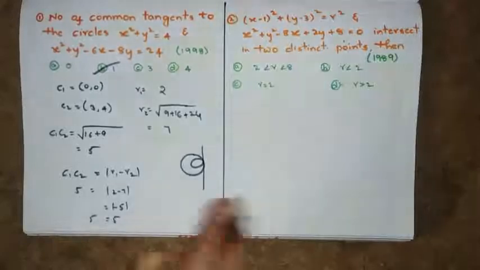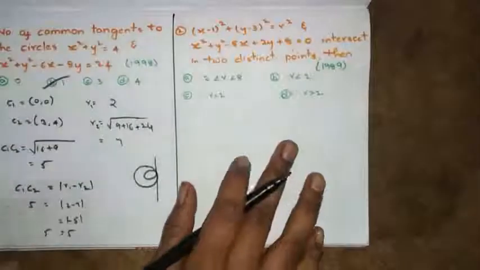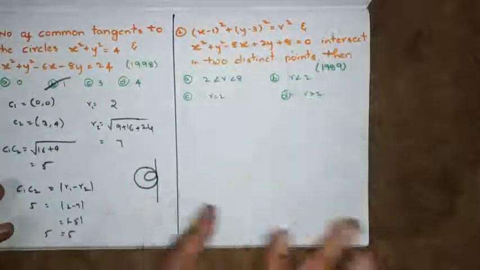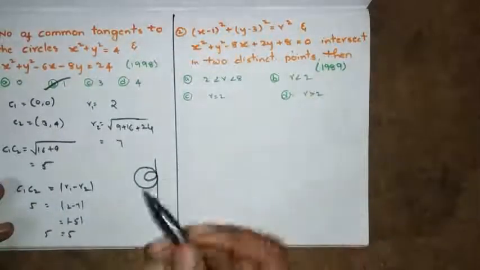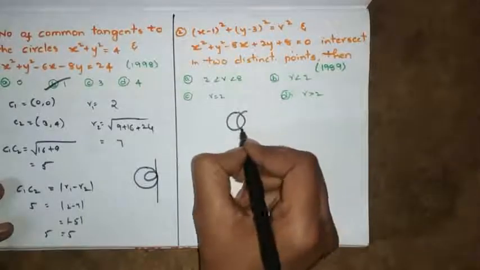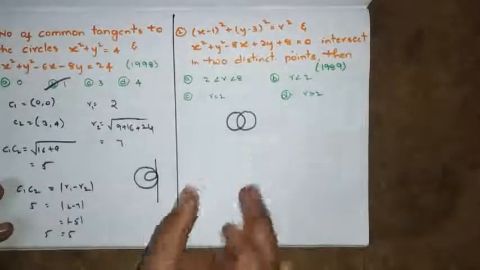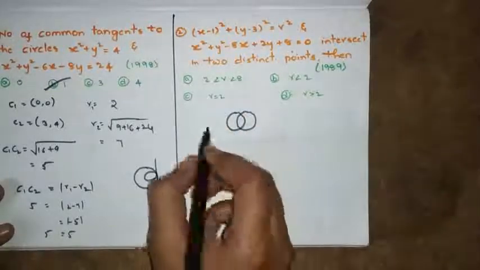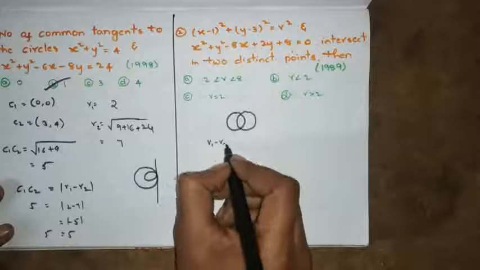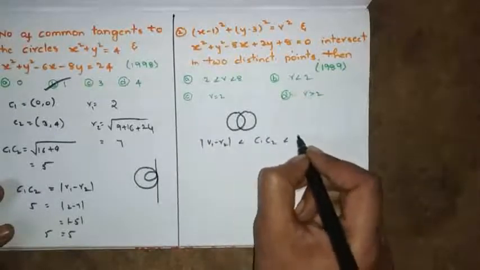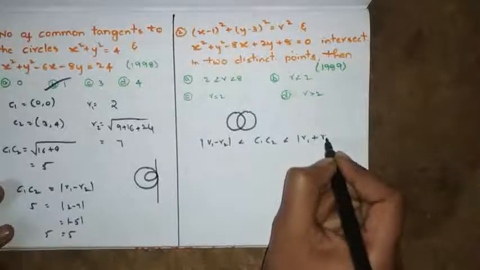Okay. And the second question is, these two circles intersect at two different points. Two distinct points means I know that two circles intersect. Yes. And what is the condition? Some part lies inside and some part lies outside. R1 minus R2 is less than C1C2 is less than R1 plus R2.